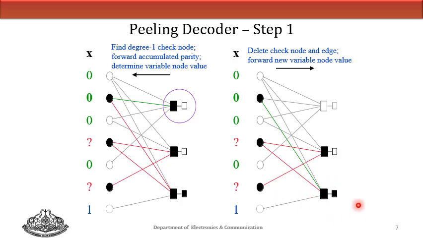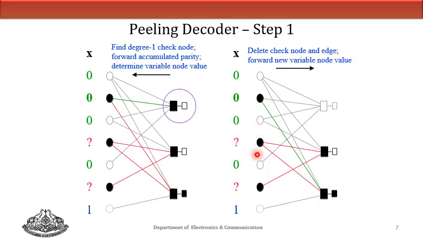The second check node has two erasure connections, so it's difficult to find. When you look into the third check node, you can see only one erasure, because after finding the value of the second variable node, only one value is having an erasure.